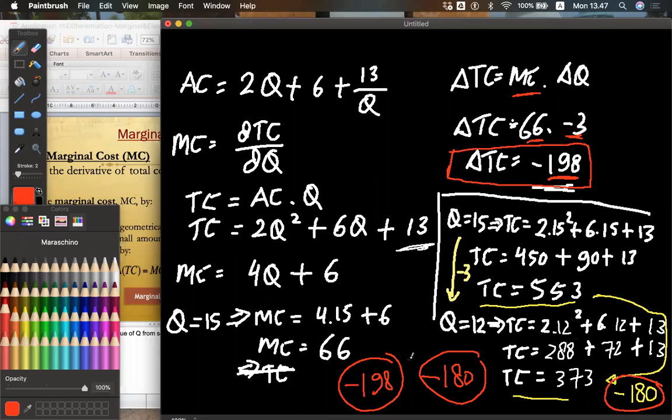If the 3 unit difference, then the approximate or the marginal will be 198 or 180, around that. Usually in a brief calculation, maybe the company or management will say it's about 200 difference.